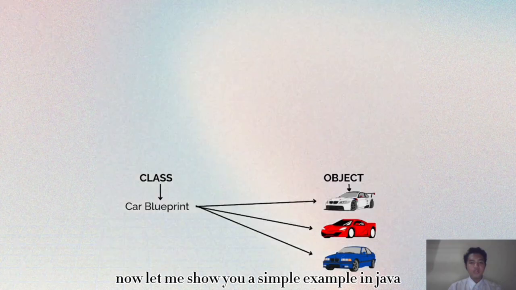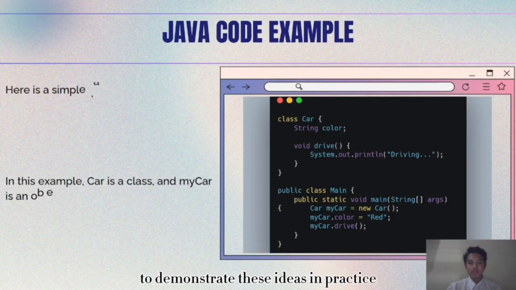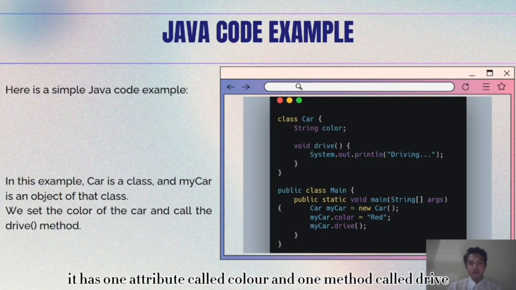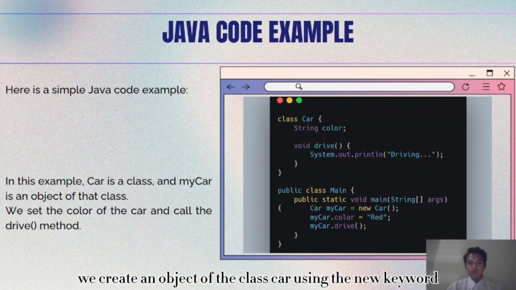Now, let me show you a simple example in Java to demonstrate these ideas in practice. First, we create a class called Car. It has one attribute called color and one method called drive. In the main method, we create an object of the class Car using the new keyword.